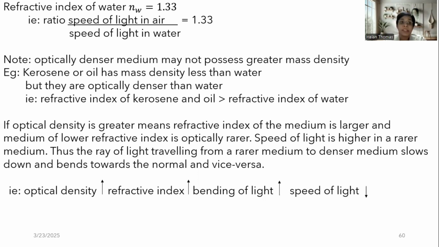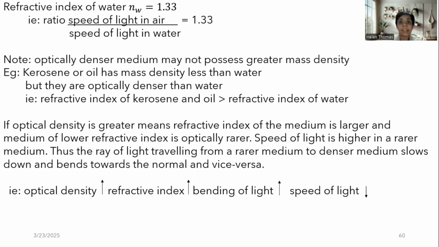No, it is not. Though kerosene and oil are lighter than water, the optical density of water is much less than the optical density of kerosene or oil, which means kerosene or oil is a highly optically denser medium than water. So it is not always necessary that an optically denser medium must have a greater mass density.